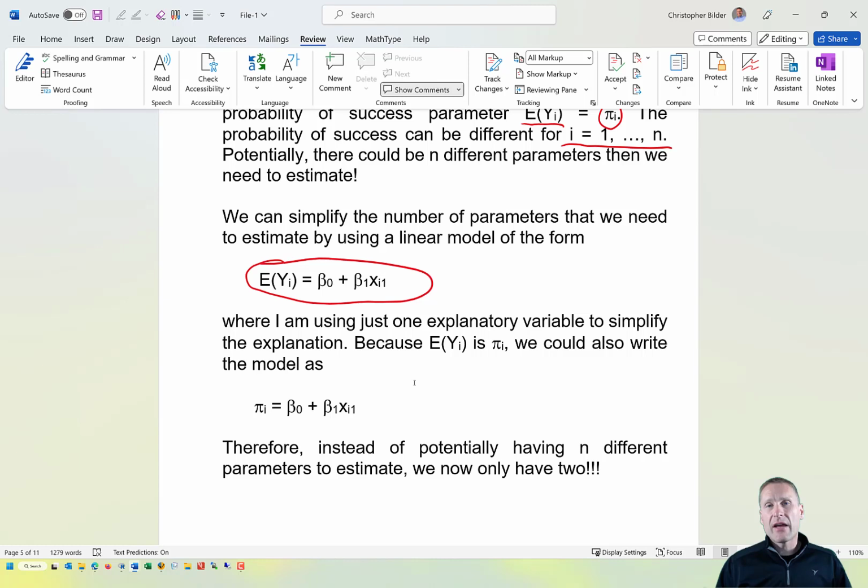And so now, instead of having n different pi sub i's that I need to estimate, all I need to do is estimate these two regression parameters. And then I can use that to estimate my pi sub i. So we could rewrite the model like this, using the equivalence between the expected value of y sub i and pi sub i for our binary response variable.